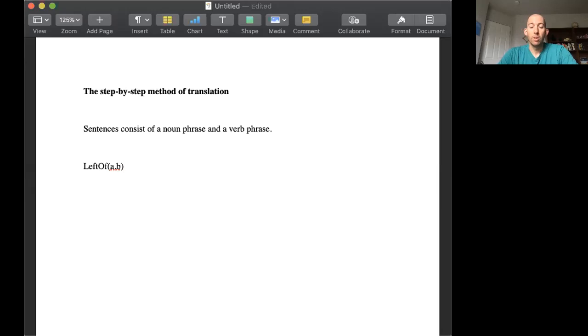So if we look at an English sentence, say something like, the man in the hat is sitting on the bench. The noun phrase here is the man in the hat. That is the subject of that sentence. And the verb phrase is sitting on the bench.